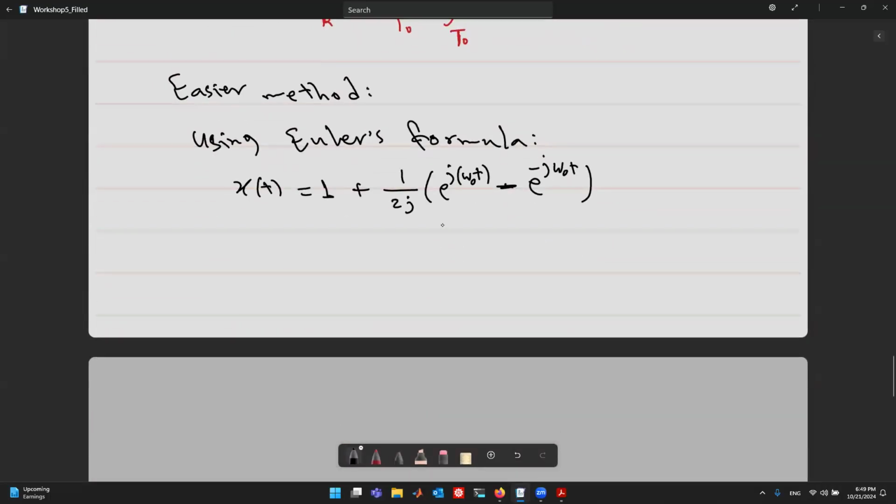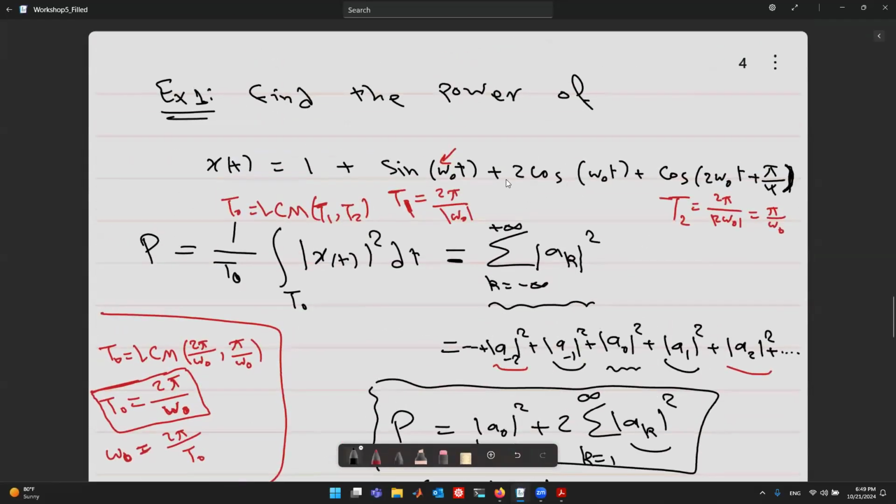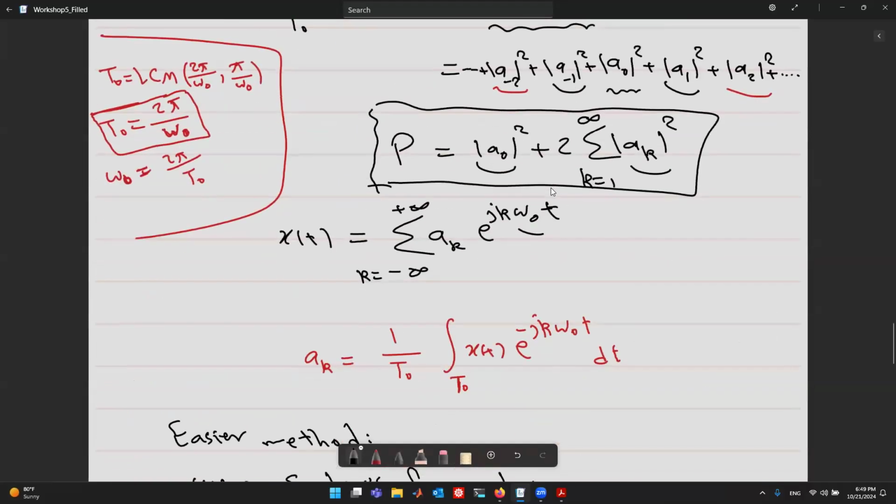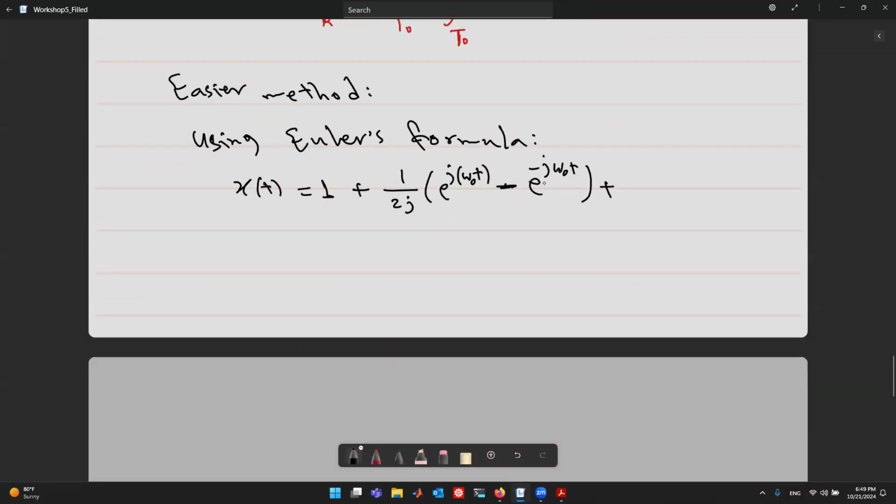Plus 2 times cosine omega naught t, which is 2 times half e to the j omega naught t plus e to the minus j omega naught t, and those will cancel.